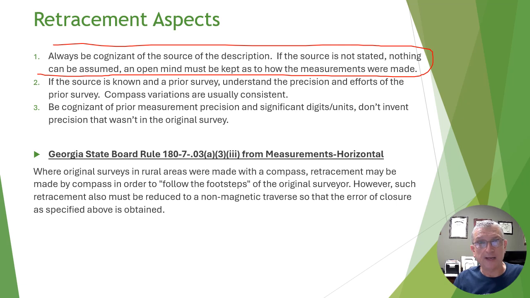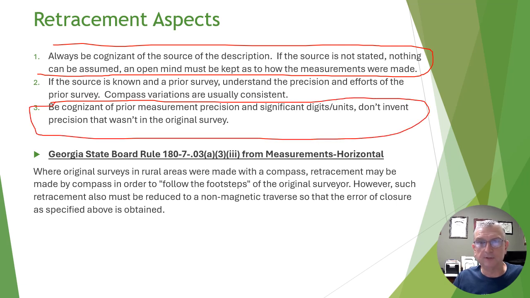Sometimes you can tell a lot by interpreting the description. If all of the bearings are either even degrees or 30 minutes, they've broken the law of significant figures and imply that it's not 29 and not 31, it's 30 minutes, but really it's a half a degree. So be cognizant of the prior measurements' precision and the significant digits. Don't invent something that's not in the original survey and put it in there.